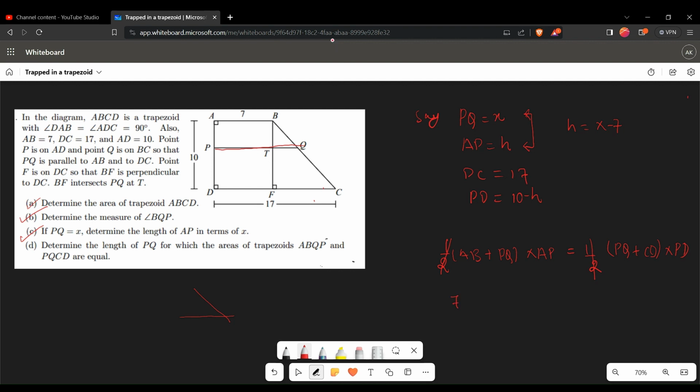It is given in the question, and PQ we have assumed to be x, and AP is h, which is simply x minus 7. And PQ is again x, CD is given to be 17, and we know that PD is 10 minus h. Here we will substitute the value of h.